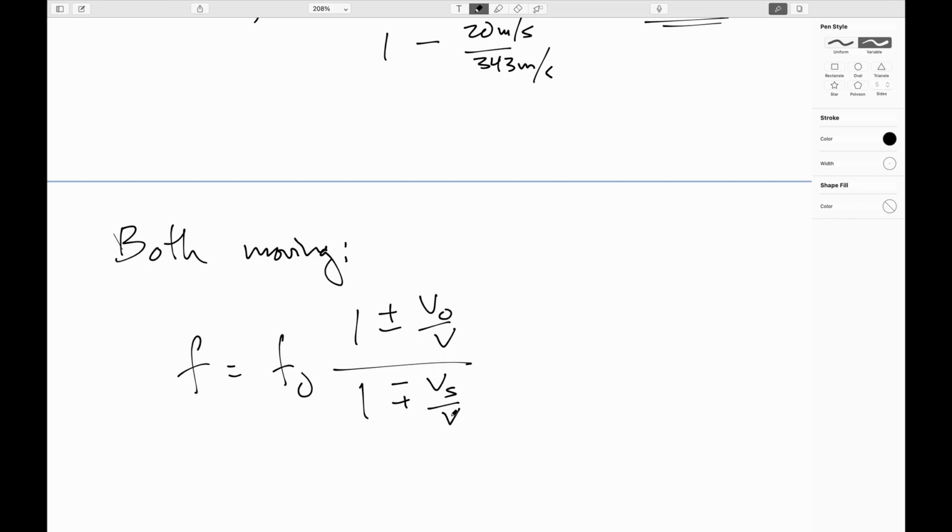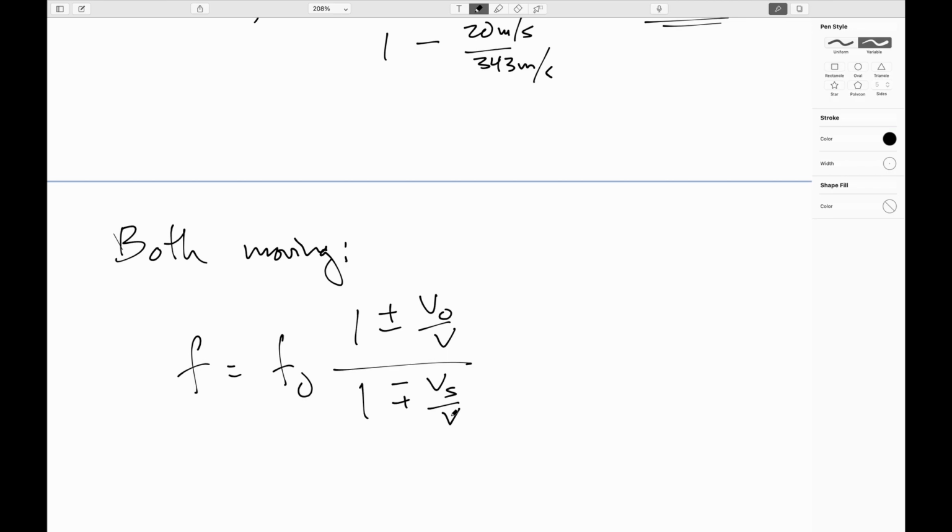And keep in mind all four signs are possible. It is, say, if I have a cop chasing someone on the highway, and the cop is going faster than the person on the highway, the moving source would be approaching the speeder on the highway, but the speeder on the highway would be receding from the source.